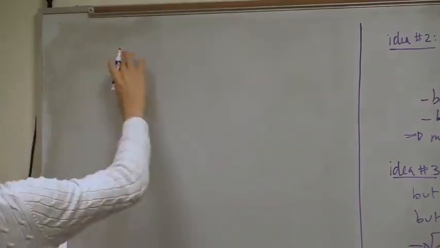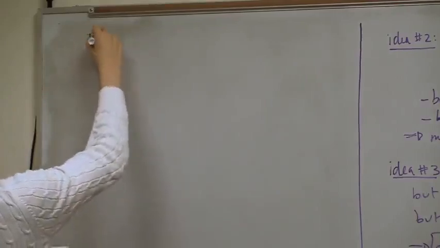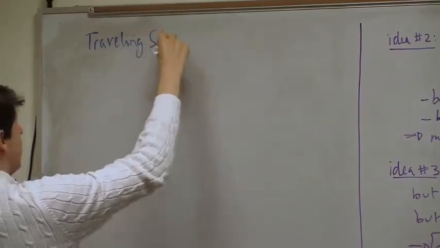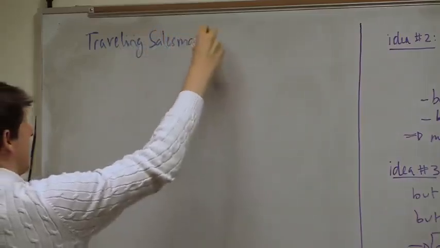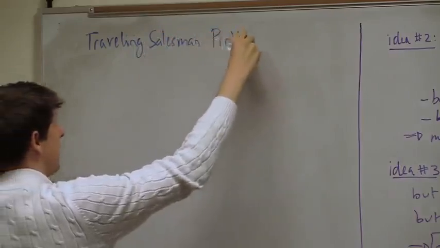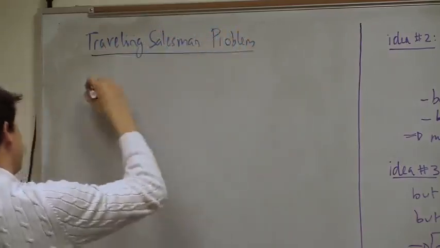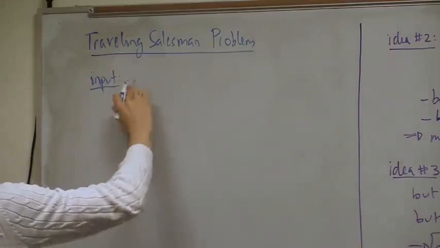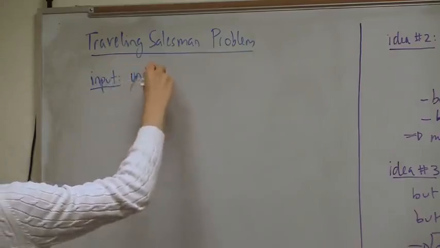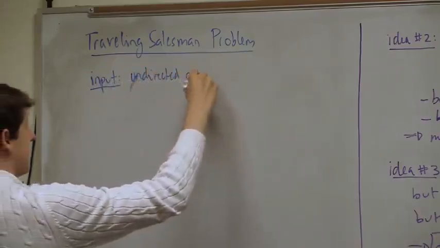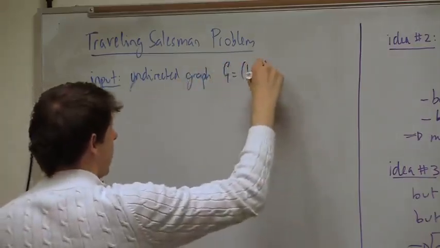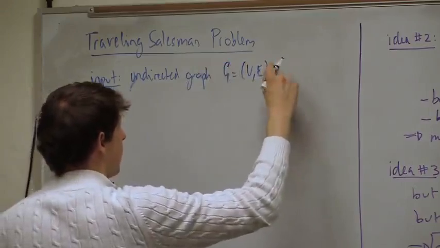So we're going to look at the traveling salesman problem. It may or may not have already come up in some homework. I'll still define it. So the input is an undirected graph, G, and distances.